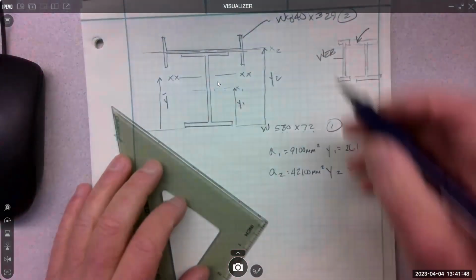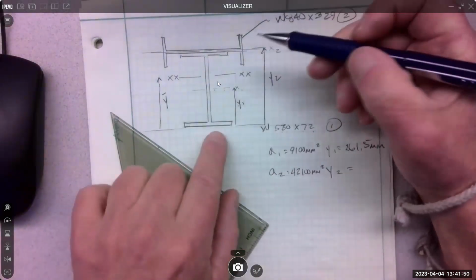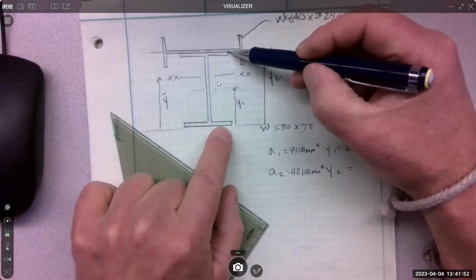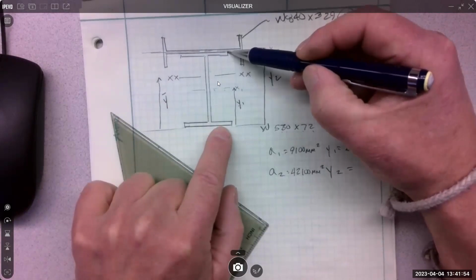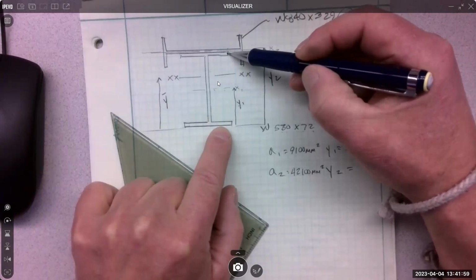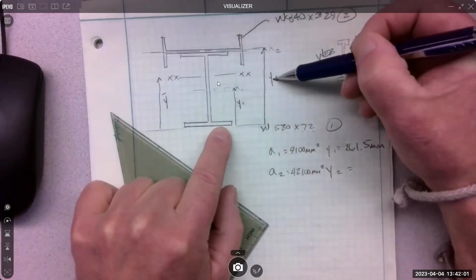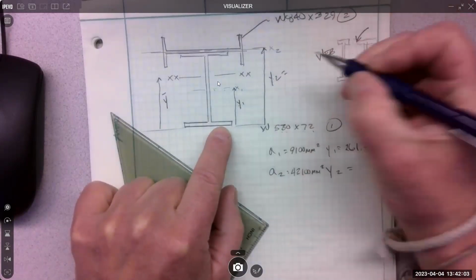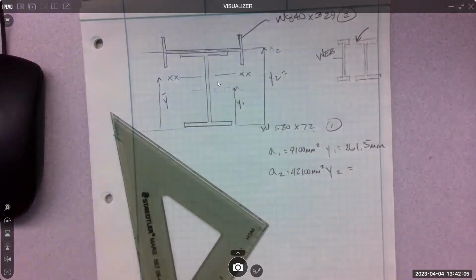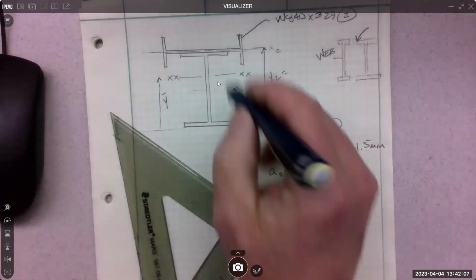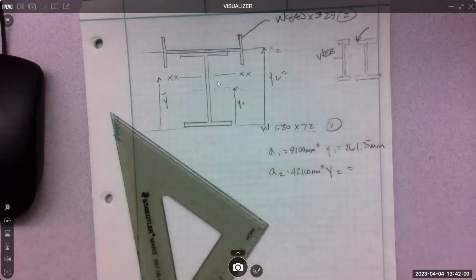It's right there. So you need this distance and half of the web to get Y2. So Y2, and I'm going to actually write it out, it was the D dimension of our 530.